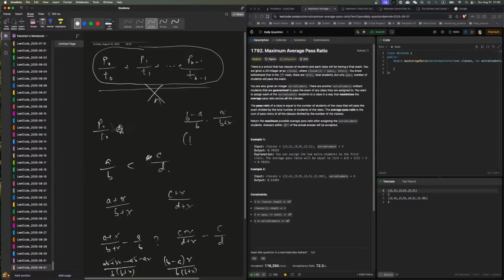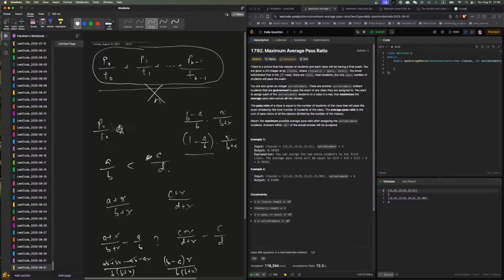This is 1 minus A divided by B. So this is a static value. And because this is smaller than this, this is going to be bigger than this. Right? So this part is going to be bigger than this. How about this one?